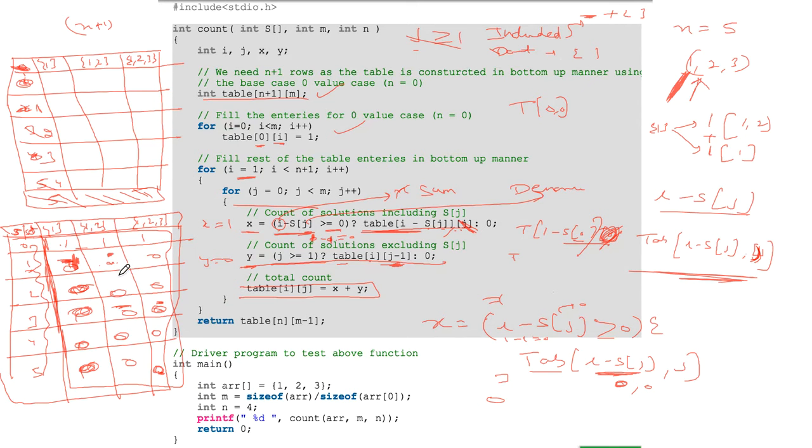Array of 1 comma 2. So new denomination here is 2. New denomination here is 2. So that means if I include 2 in the previous denomination, then I have to create 1 with 1 comma 2, plus number of ways to create 1 with just 1.